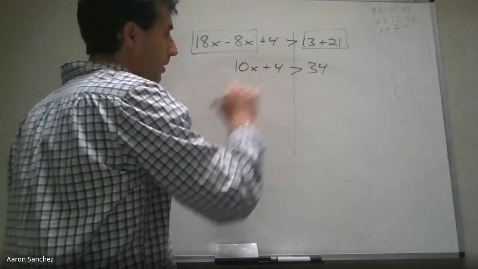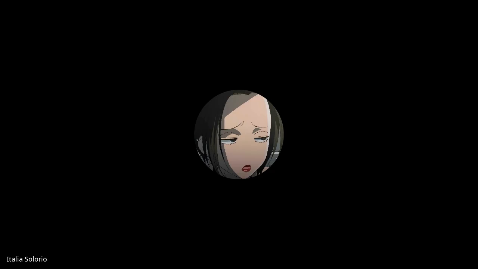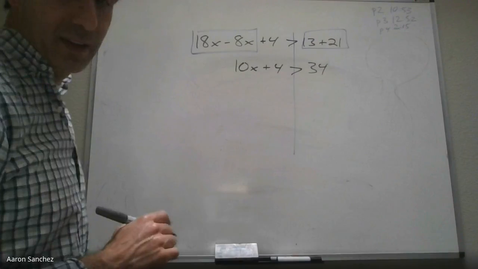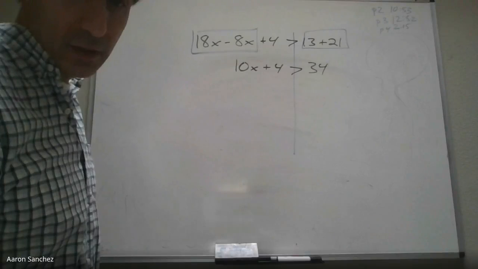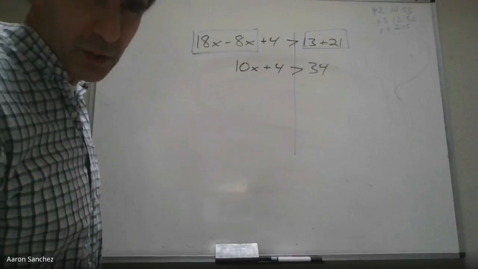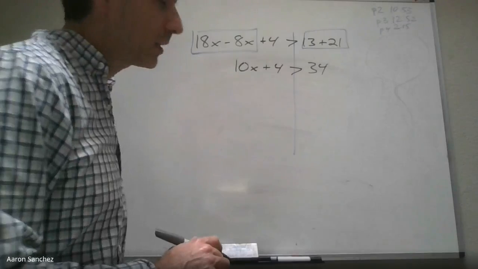Just tell me what to do next, if you can. If you can, I'll go on to someone else. I can't. Okay, you want me to go to someone else? Yes, please. All right, let's go with Nicholas. What do I do next? Help Italia out here. Subtract 4 on both sides.